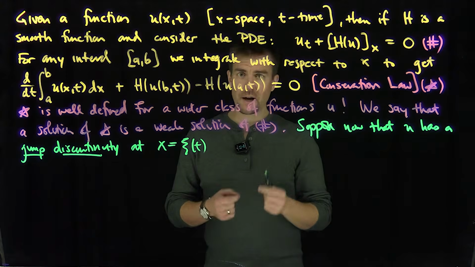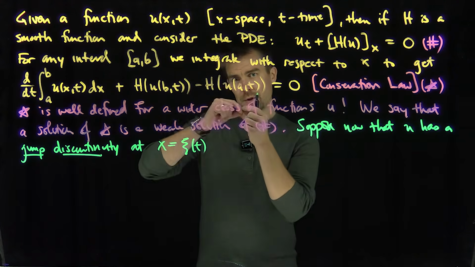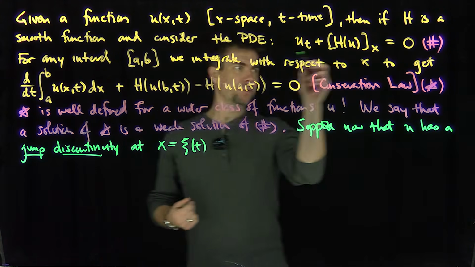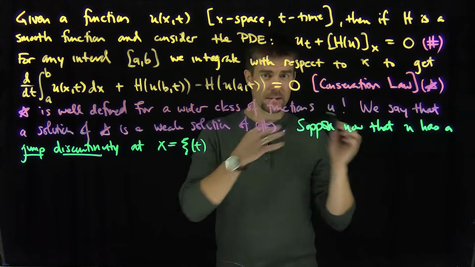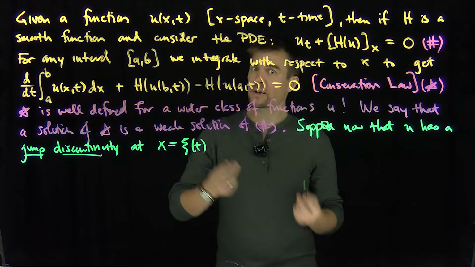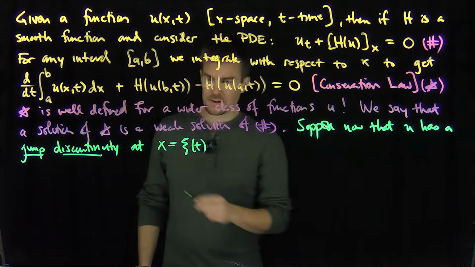So for a particular time t, we know that the solution u is going to jump at that point, okay? So there's a jump discontinuity. Jump discontinuities cannot happen for pound, right? Because these things are differentiable. Differentiable functions don't have jump discontinuities. But for the conservation law, it's conceivable there's a jump discontinuity, okay? And it happens at this fixed point, x equals x_c of t.